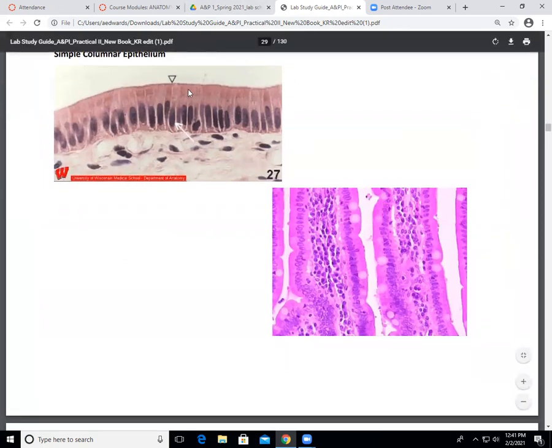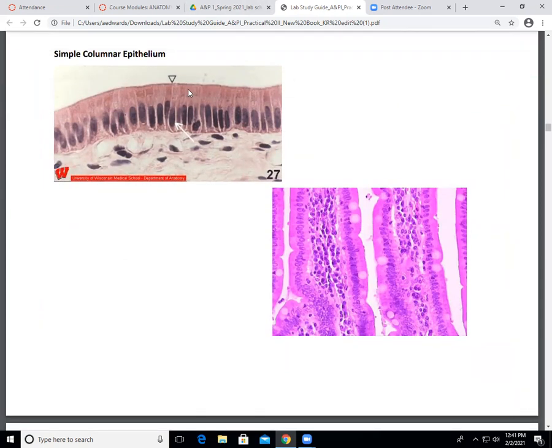And this you just have to practice. I think I have some anatomy games in the modules that you can practice these. You can do these a bunch of times. I think it should help you. Another view, one layer columnar shaped cells. Another view, one layer columnar shaped cells. And there's some more goblet cells there, those little white balls.